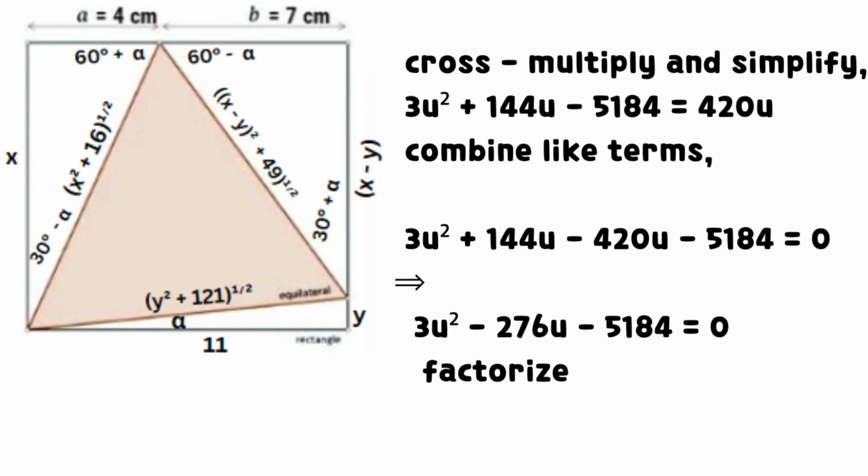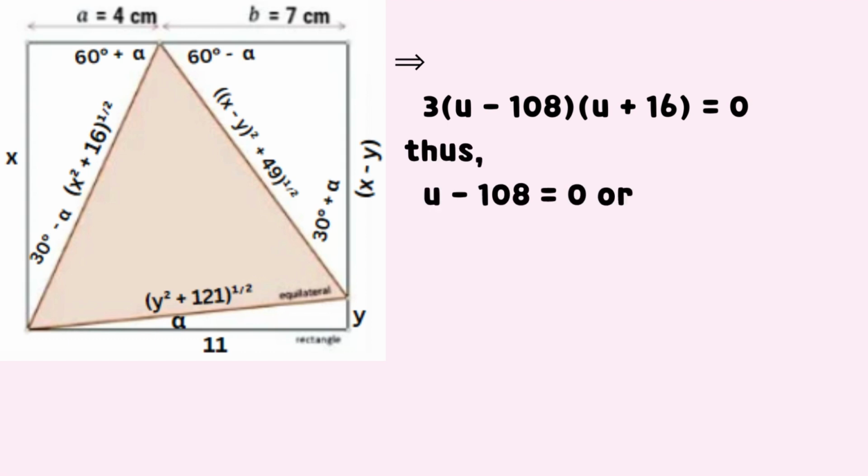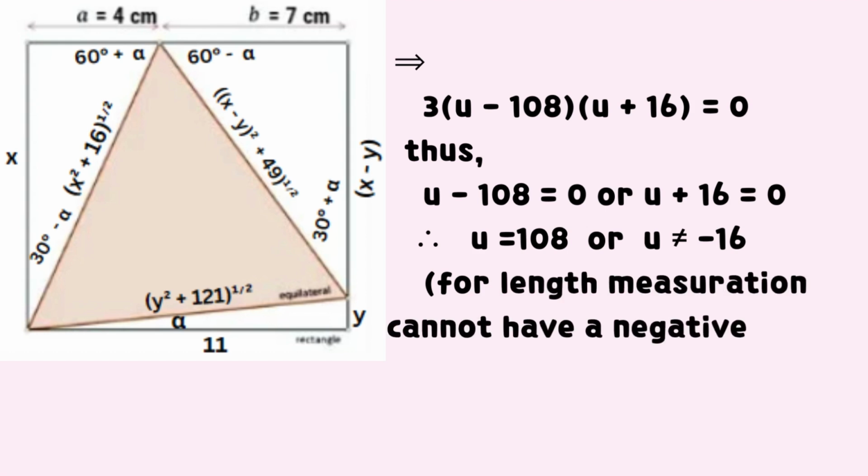Factorize. This implies that after factorization, the product of the factors equals 0. Thus either u minus 108 equals 0 or u plus 16 equals 0.